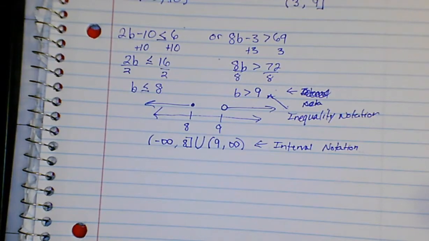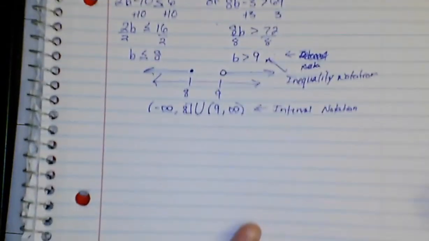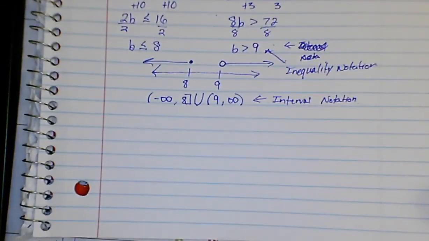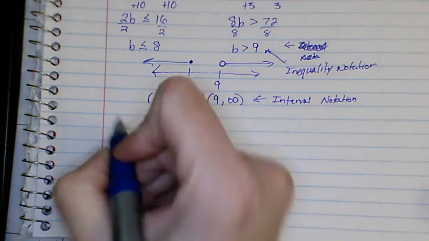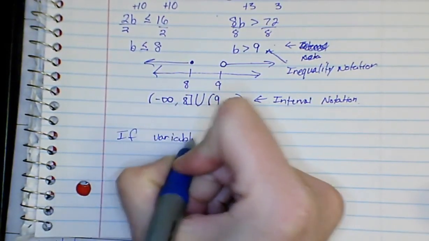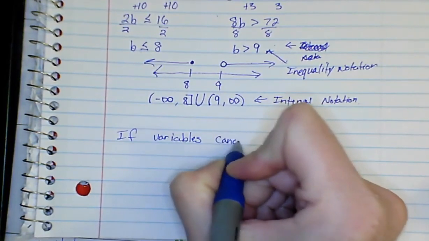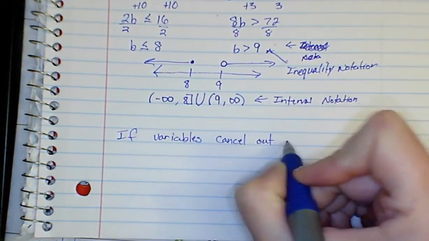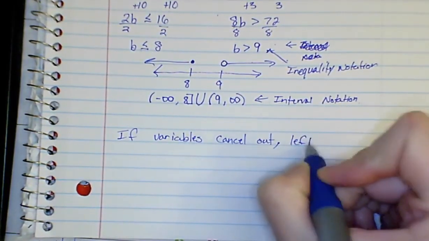We also have some inequalities, just like equations, that have infinite solutions and no solutions. So as you're working the problem, if the variables cancel out, you're left with a statement.